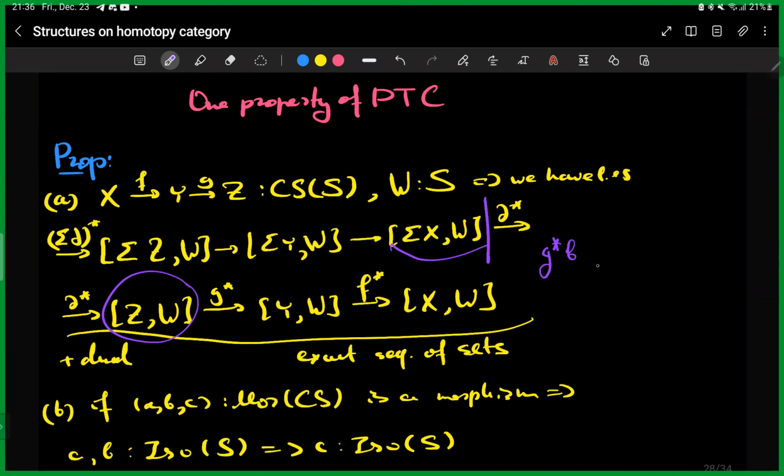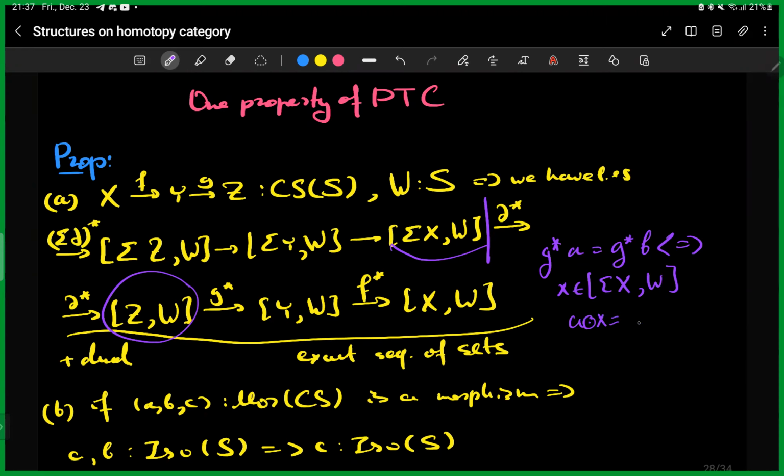G upper star A coincides with G upper star B if and only if there exists an X in this group sigma XW, such that they are connected by an action of the sets.